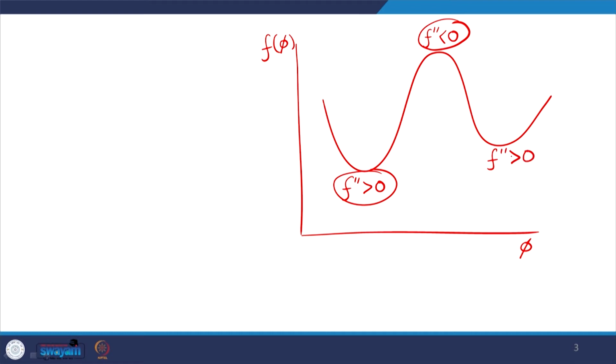If the tendency is for phase separation, then we are lying in this particular part of the curve somewhere over here, or somewhere over here on the other branch of the curve. Now, if I start from say two concentrations, phi 1 and phi 2, which are lying in the region where f double prime is less than 0, we will have a phase separation there. So, the first question is, what is going to be the concentration of the two coexisting phases?